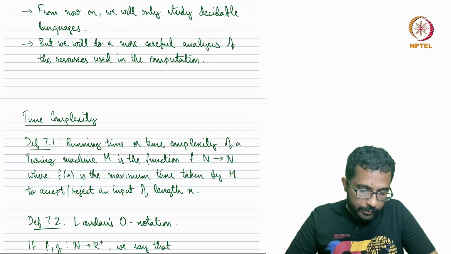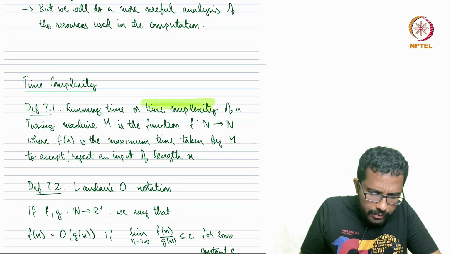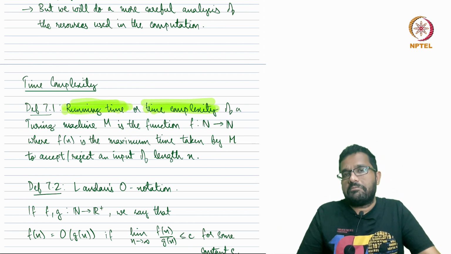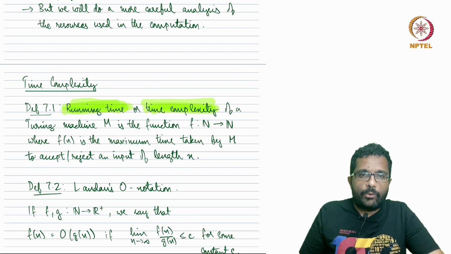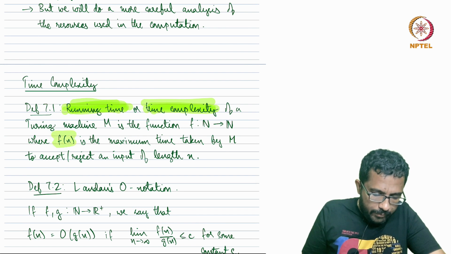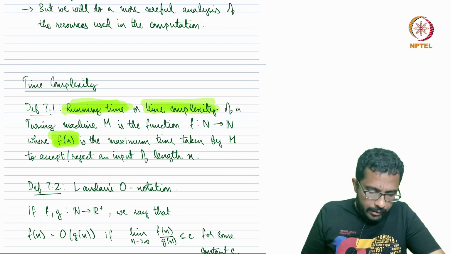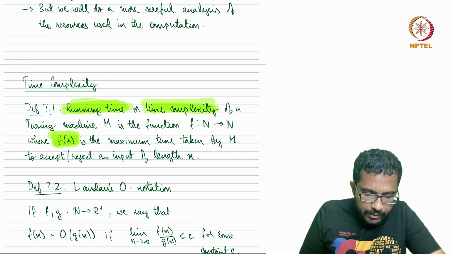So what is time complexity? Running time or time complexity, both these terminologies are used, of a Turing machine. Given a Turing machine, let's say it is deciding some language. The running time is given by a function f(n), where n is the length of the input.